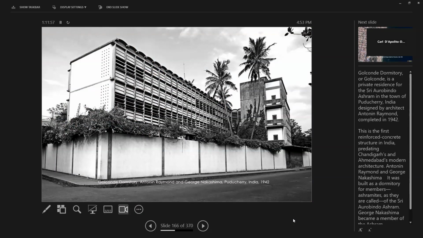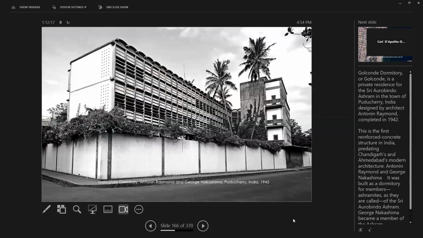It is in Puducherry in India. It's by George Nakashima and Antonin Raymond. It's the Golconde Dormitory. Very famous. It was a dorm for an ashram.